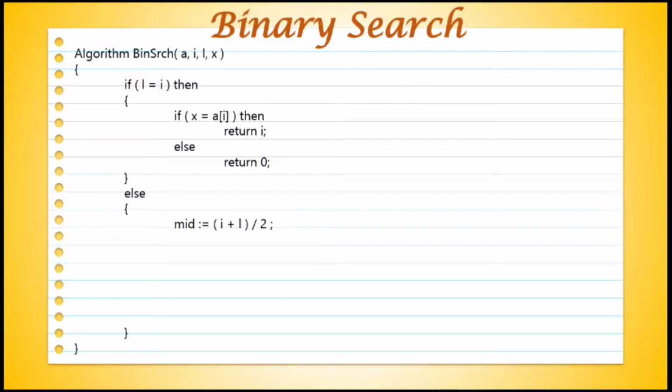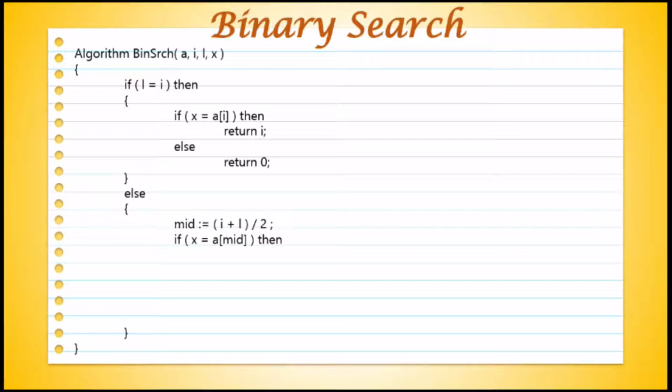So after getting the middle value, that is the middle position, you can compare your searching element with the middle value. So here if X is equal to A of mid, so A of mid means what? The middle value of the list, means the middle value which is present in the list, you will compare that value with the searching element.